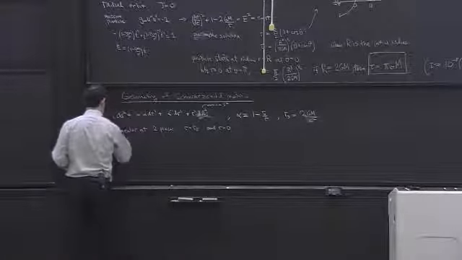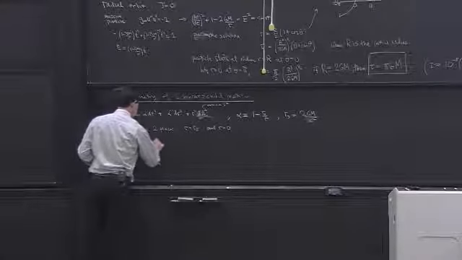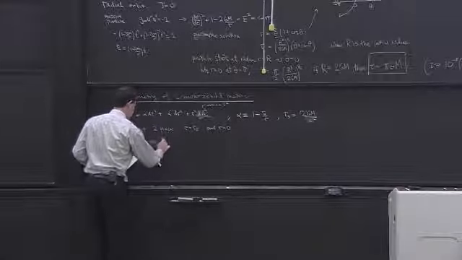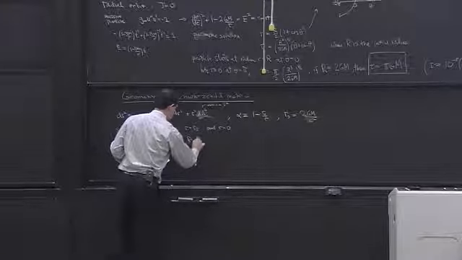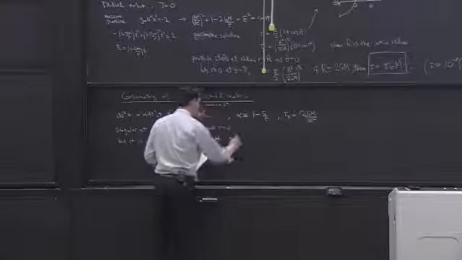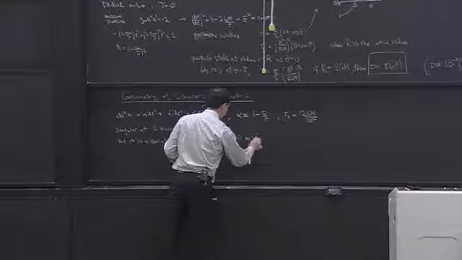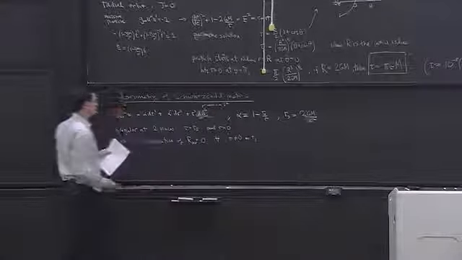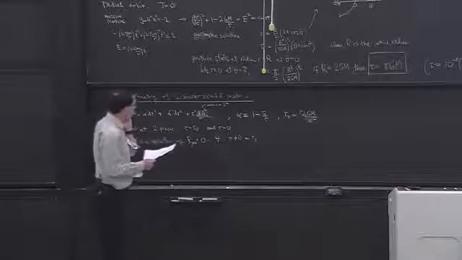But it is a solution of R mu nu equals 0 for all r not equal to 0 or rs. Okay, so it's a good solution of the Einstein equation, so we should study it carefully.